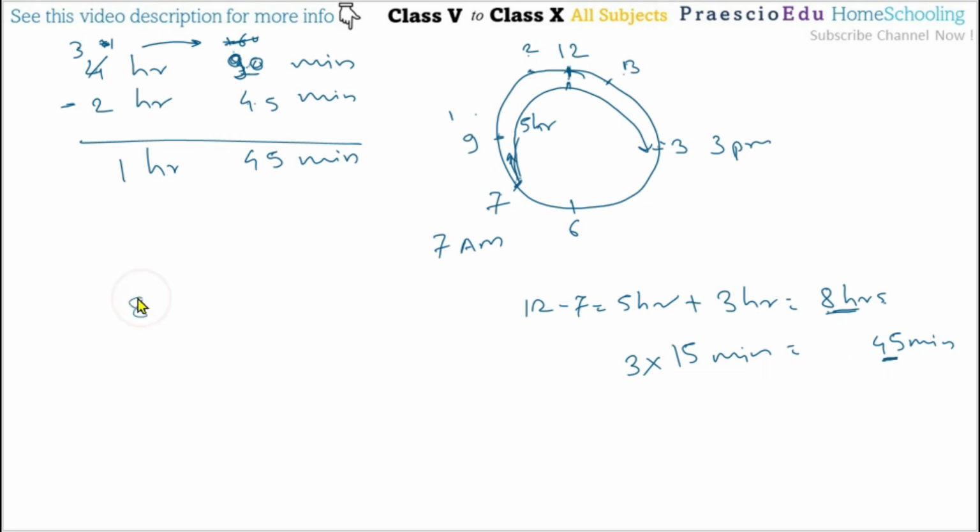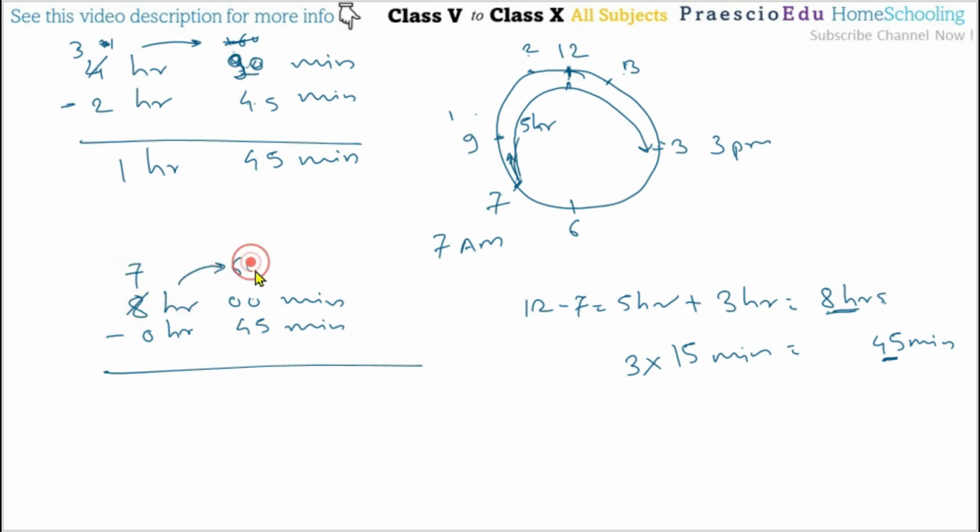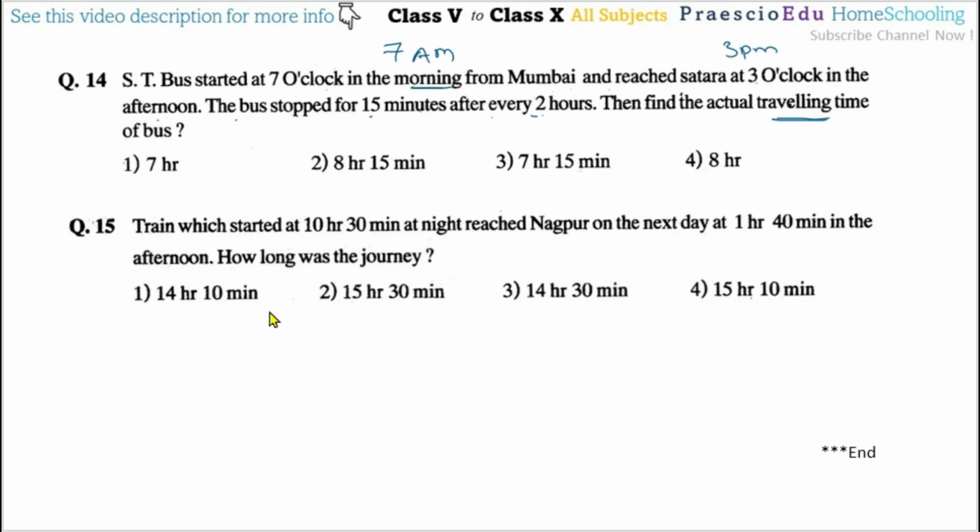So 8 hours 00 minutes minus 45 minutes. 0 minus 45 is not possible, so 1 hour gets reduced and converted to 60 minutes. 60 minus 45 is 15 minutes, and 7 minus 0 is 7 hours. So 7 hours and 15 minutes, which means option number 3 is correct.